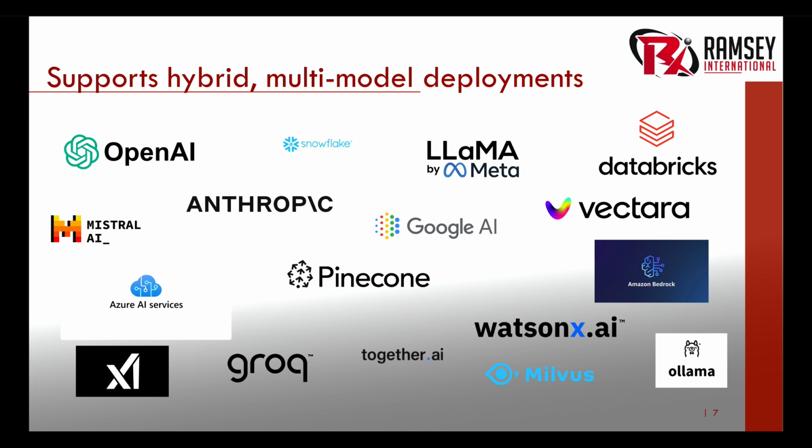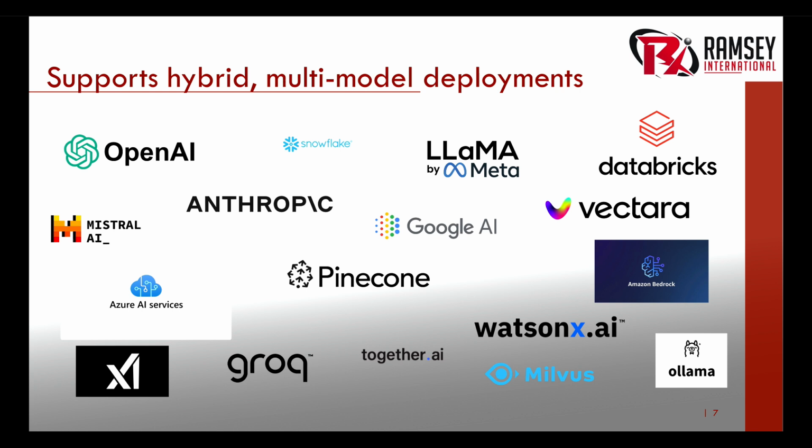Now this screen shows the logos for all of the different components that we support with the GenAI Pro solution. So you can see that is a collection of hybrid multi-model deployment options. OpenAI is probably one of the most popular solutions with their collection of models. But some organizations would only like to deploy models locally.